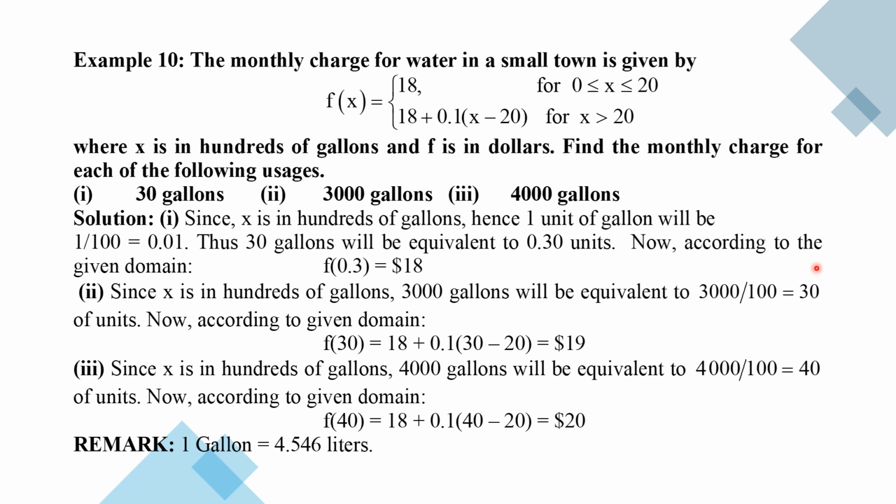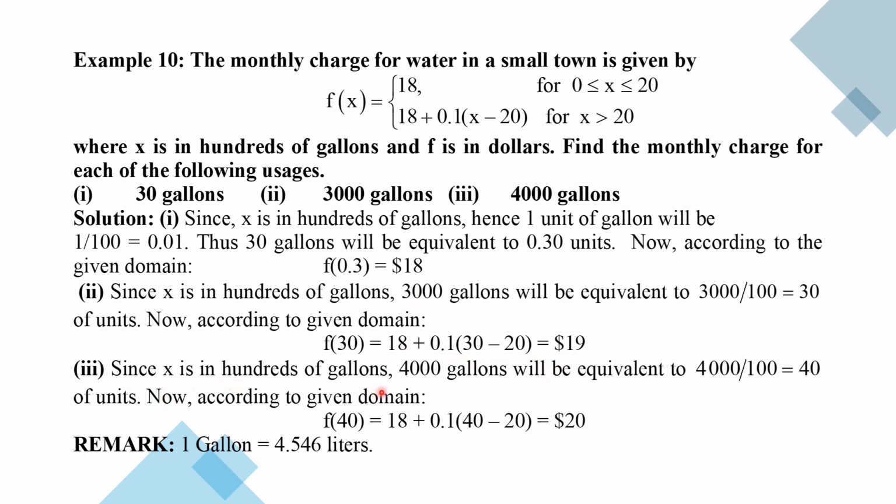Now according to the given domain, f of 0.3 belongs to that domain, so this is just $18. Since x is in 100s of gallons, 3,000 gallons will be divided by 100, which is 30 units. Now according to the given domain, f of 30 belongs to x greater than 20, so 18 plus 0.1 times (30 minus 20), which is $19.